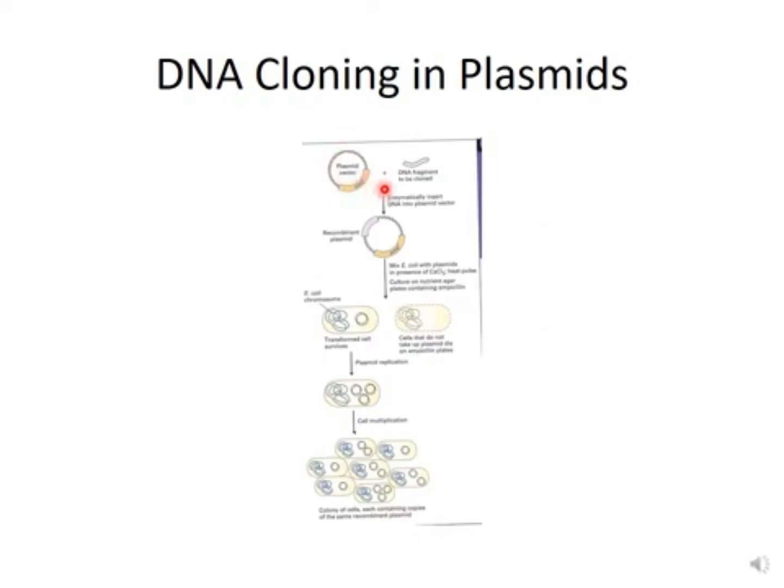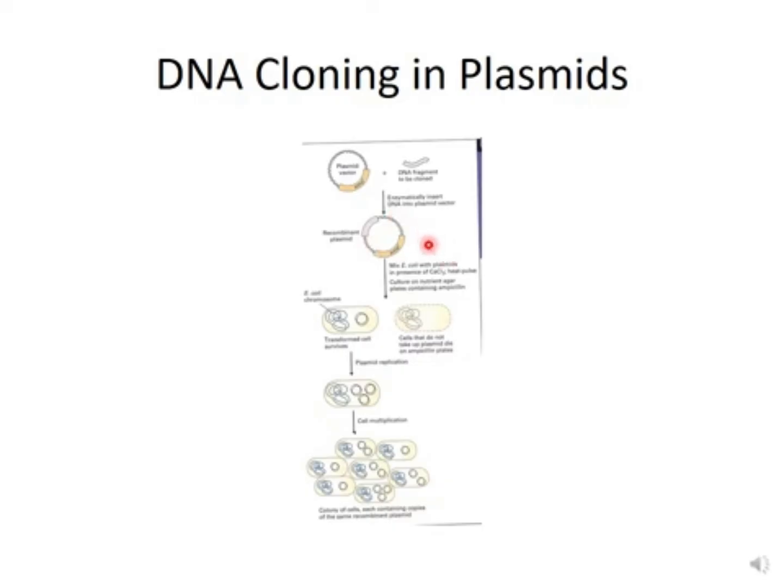As I just mentioned, we cut both the DNA fragment and the plasmid vector using the same restriction enzyme. Then we insert the DNA fragment in the plasmid vector, and we add the enzyme ligase, so it would result with a recombinant plasmid that has the DNA fragment to be cloned as part of it.